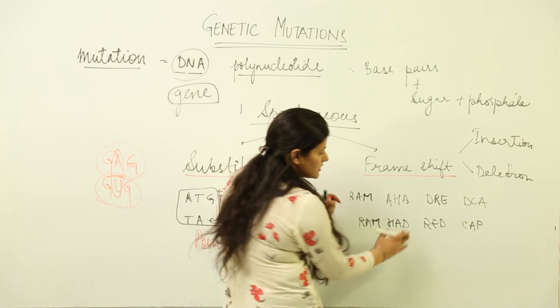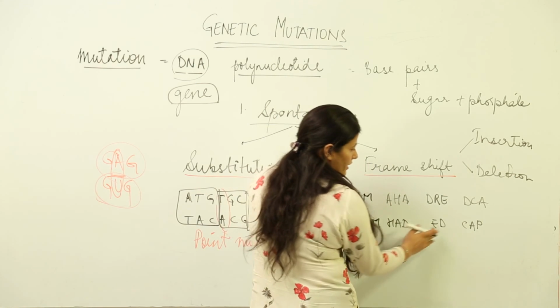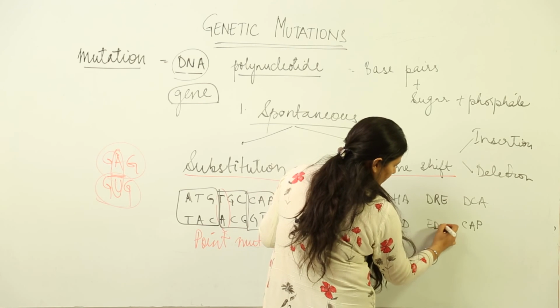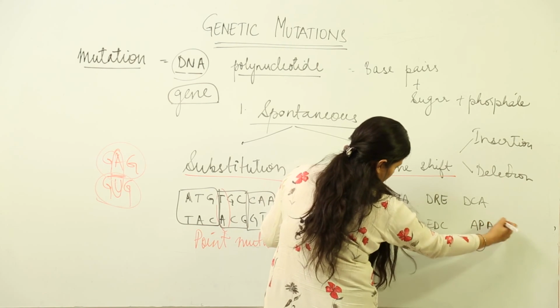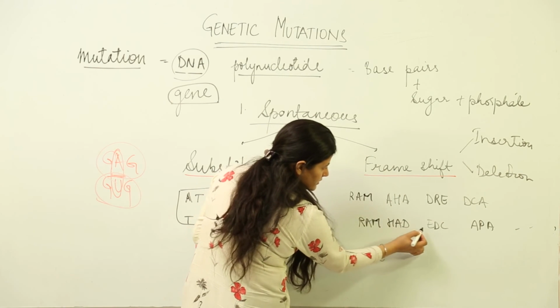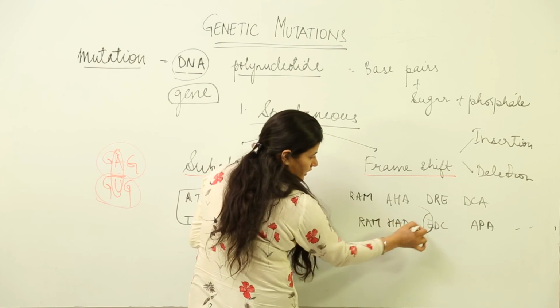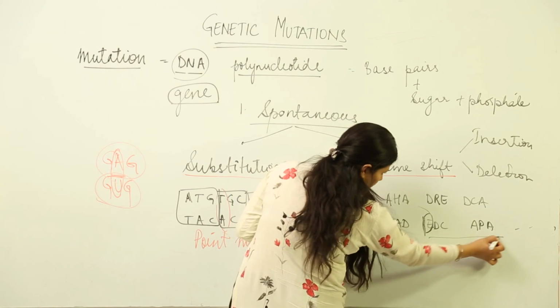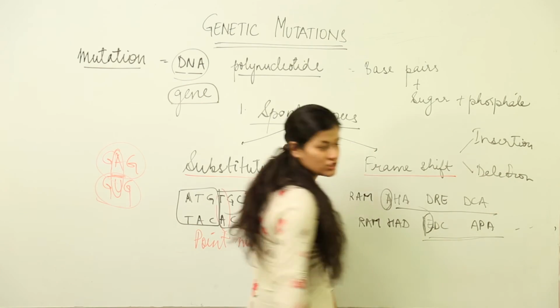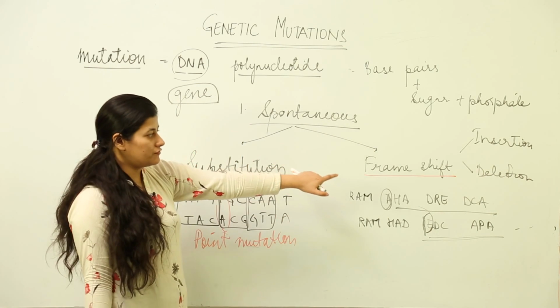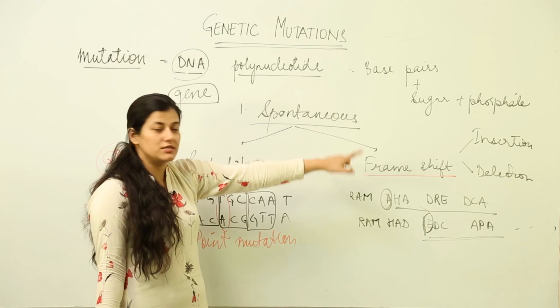There is deletion. This R goes from here. Then what it would be? It would become EDC. It would become APA, something like that, and forward. So as this deletion has taken place from here, the forward frame has changed. Addition has taken place over here, so the forward frame has changed, and this is known as frame shift mutation, which could be studied in terms of insertion and deletion.